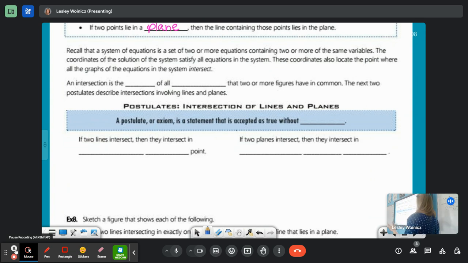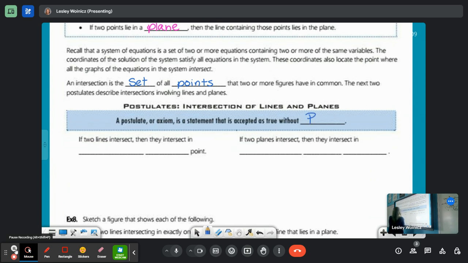Just like in algebra, an intersection for geometry is the set of all the points that 2 or more figures have in common, that they share. The next 2 postulates describe the intersections involving lines and planes. So, a postulate is accepted as true without what?